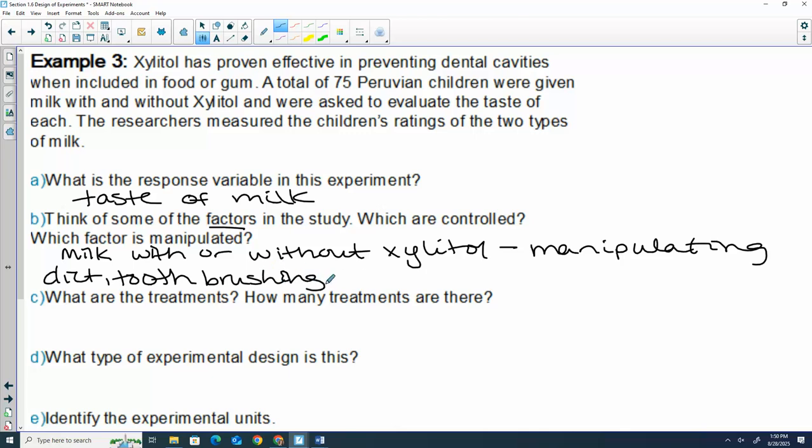Okay, would those be things that would contribute to our answer? Potentially. Can we control for all of those, or are we controlling for those? No. So we are controlling just which kind of milk they get, but there's a lot of other things that would be at play here. The treatments, that is the two types of milk. So there are two treatments, with or without.